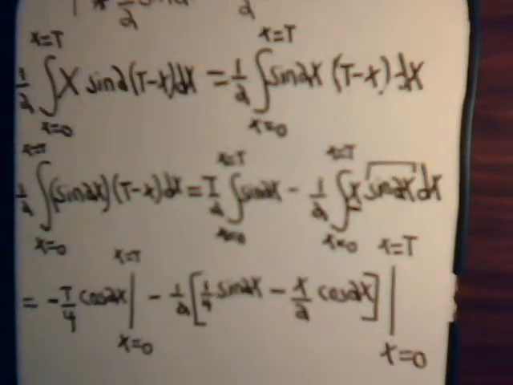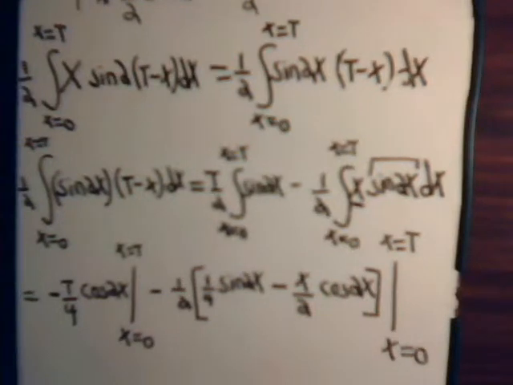So let's go ahead and make our substitutions. Here this will give us minus t over 4 times the cosine of 2x.